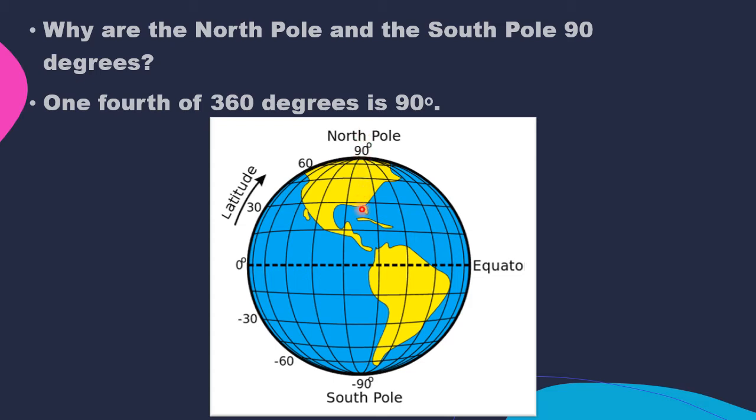When you draw a line from North Pole to equator, you can see that this area is a quarter of a circle. That is why we say that 1/4 of 360 degree is 90 degree. That's why North Pole and South Pole are 90 degrees.